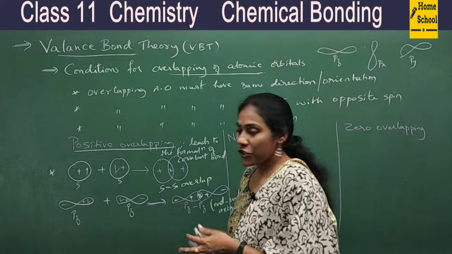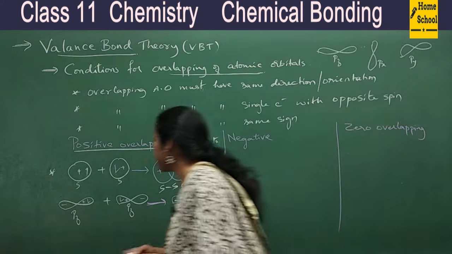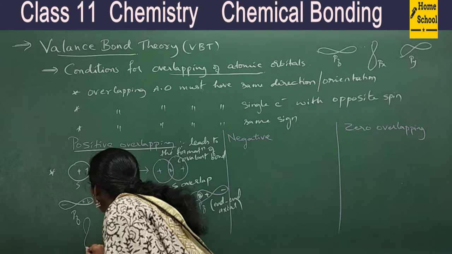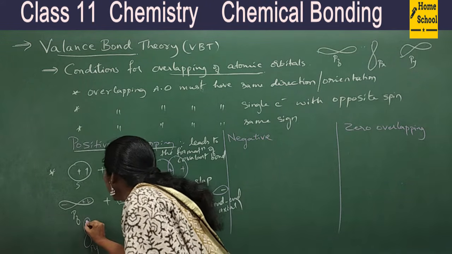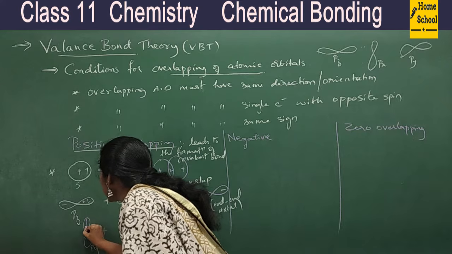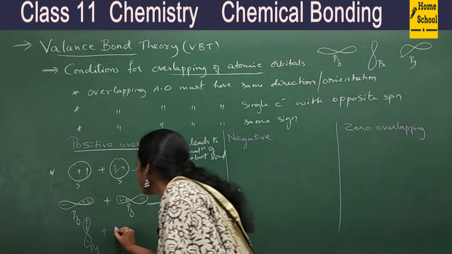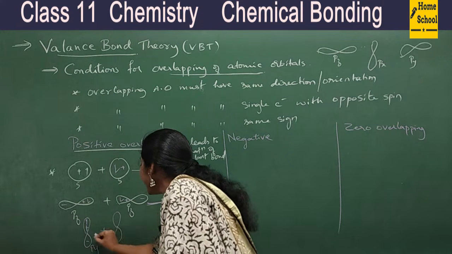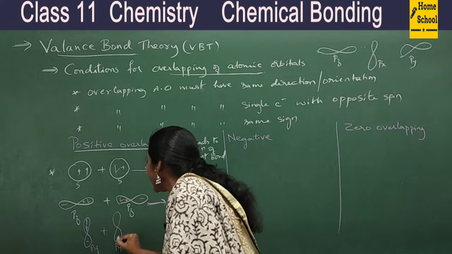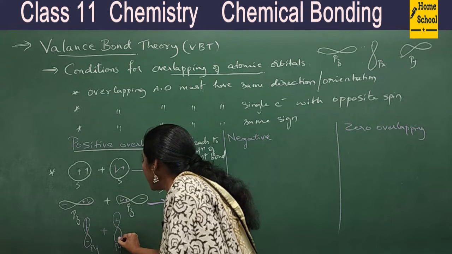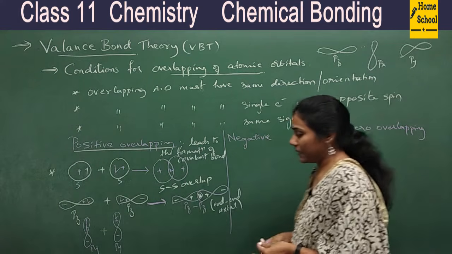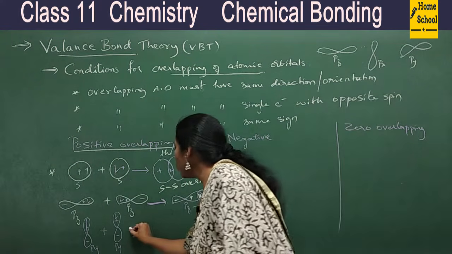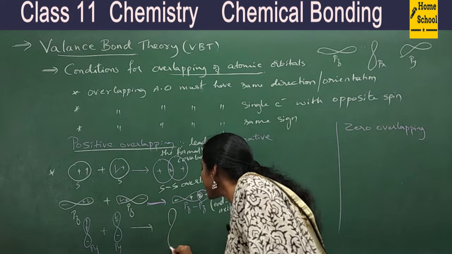And another positive overlapping is, if this is a py orbital, where it has one electron, this is the plus lobe and minus lobe, and it can overlap with another py of the same type. It should have a plus lobe and minus lobe and a single electron with opposite spin. So this can overlap something like this.